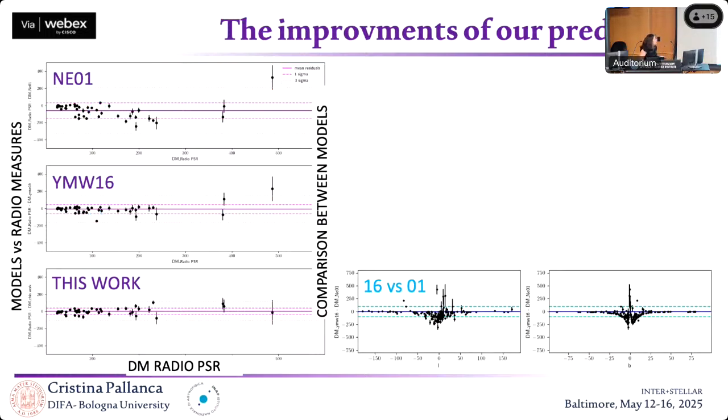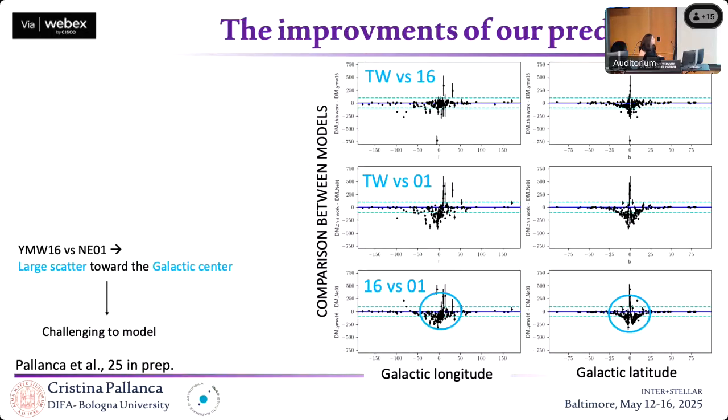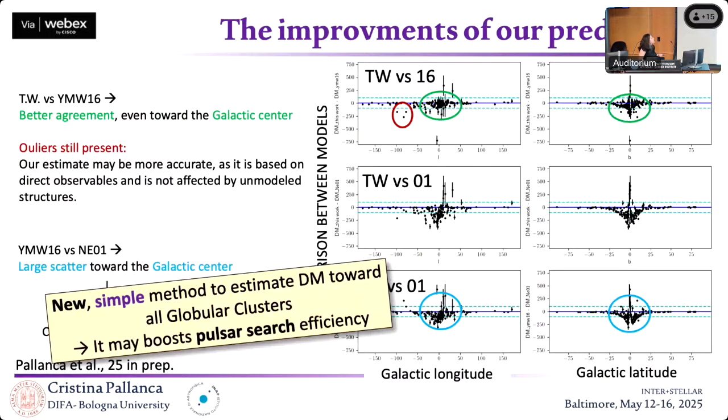Comparing with respect to the galactic coordinates, the 2016 and the 2001 models are not working well toward the galactic center. But comparing our prediction with the 2016 model, which we noticed was slightly better, there is less scatter. We do, however, notice that there are still some outliers.